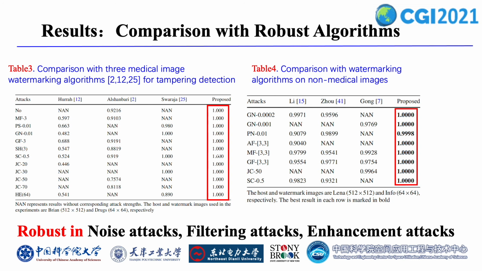From Table 4, we can see that our proposed algorithm outperforms the other 3 algorithms under 8 attacks, which also indicates that the proposed algorithm has better robustness on medical images.